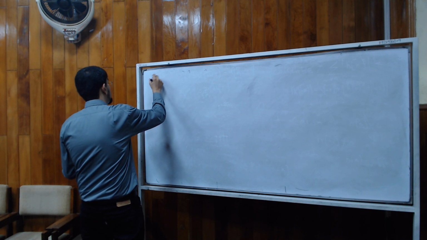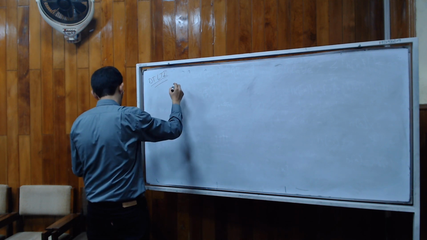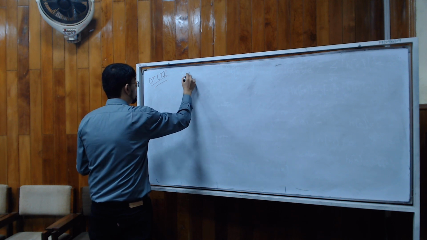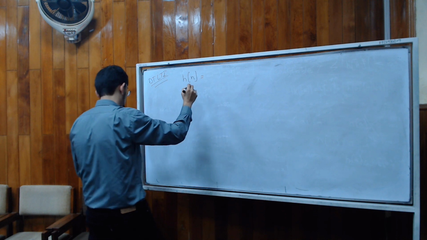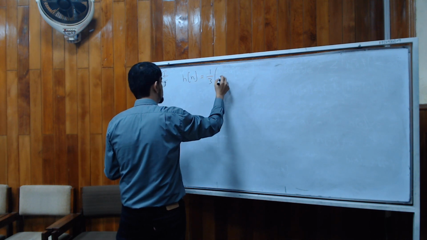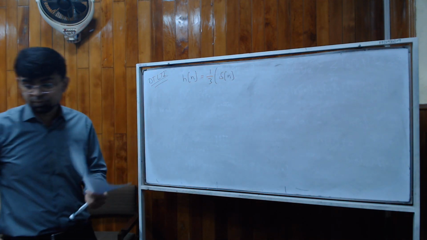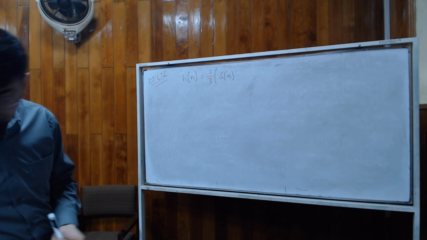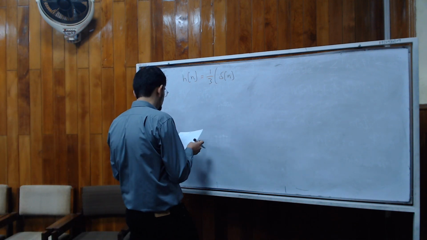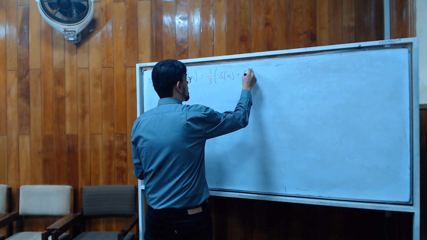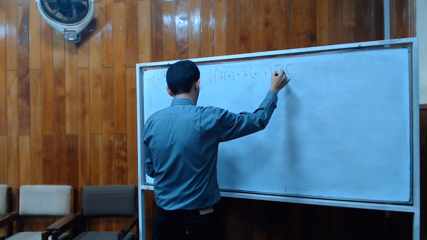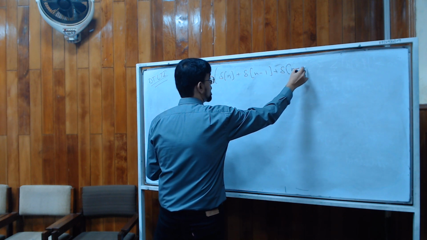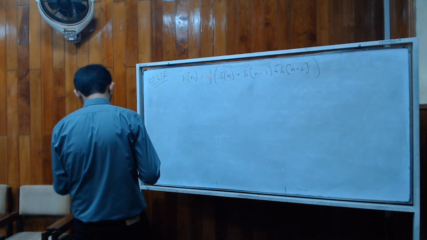You are again given a DT-LTI system and its impulse response is given to you as h[n] = (1/3)(delta[n] + delta[n-1] + delta[n-2]).